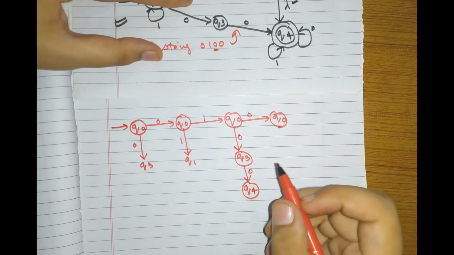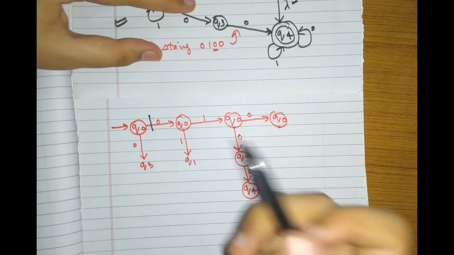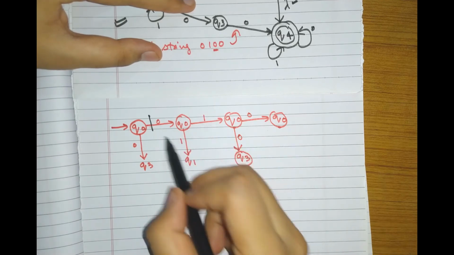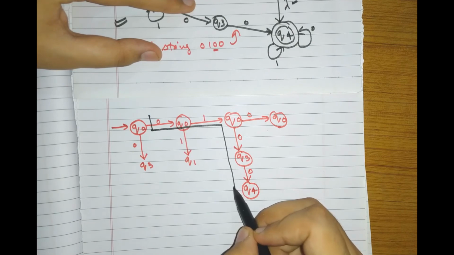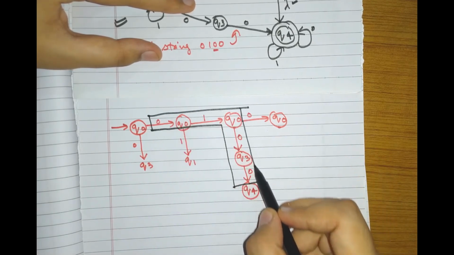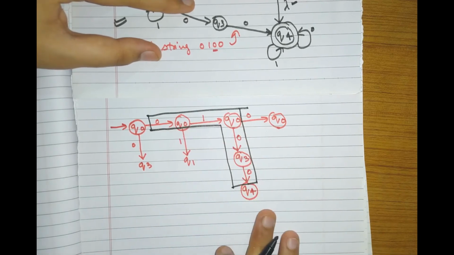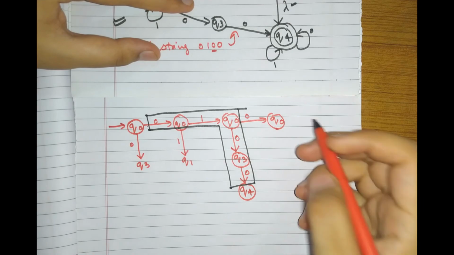So we can write here that this is our final state. Our string, which I will mark with another color, is 0 1 0 0.